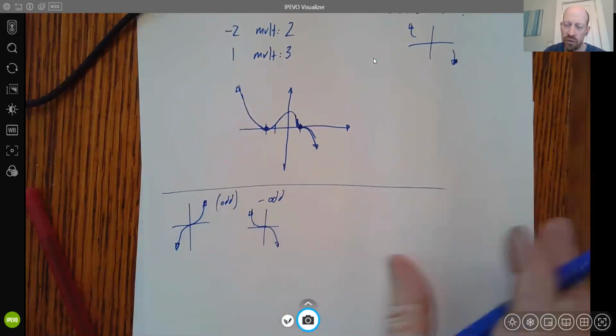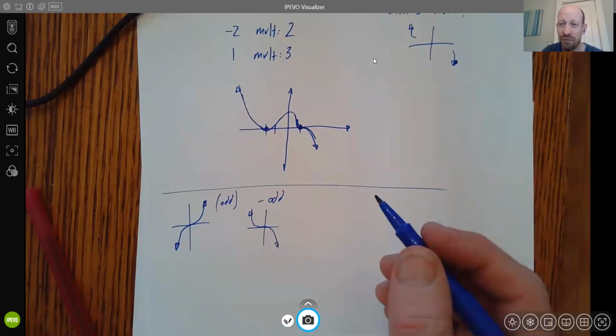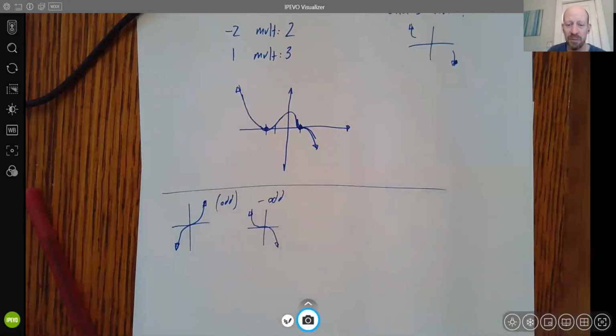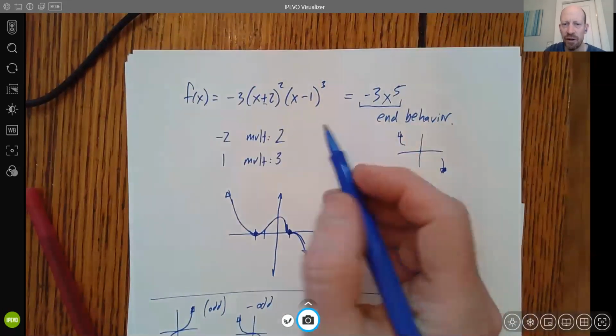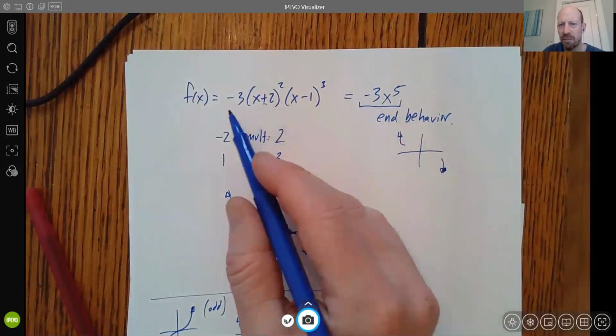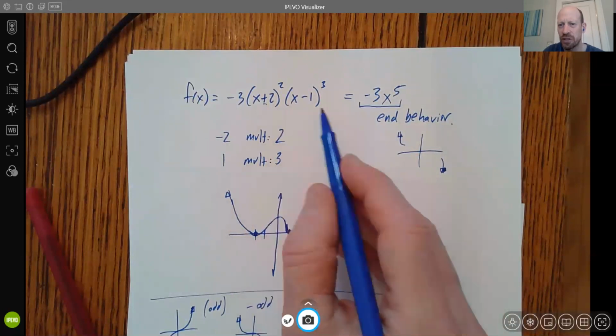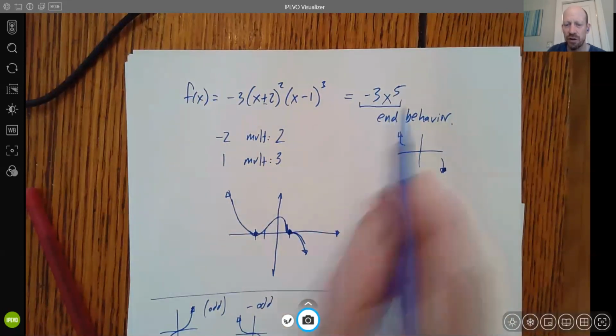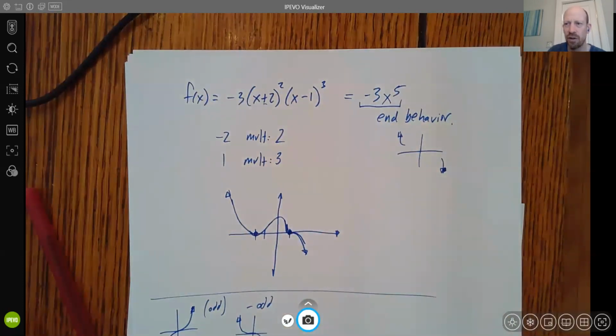Those are building blocks that we got to know. I found that here by imagining that I was going to multiply this whole thing out, but just focusing on the first term that I would get, not the whole polynomial, just the first term. Does that help? That helps. Thank you.